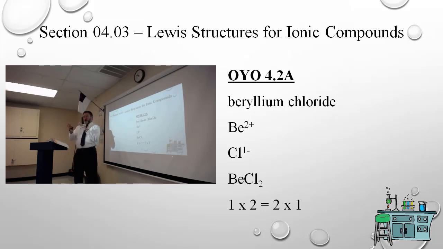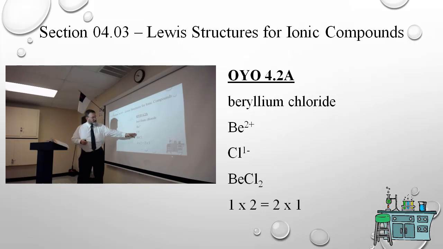And what we're trying to make sure is we've got balancing positive and negative. So the beryllium provides us with a net 2 positive. The chlorine, I have 2 of them. See? I have 2 of them, and each one has a charge of negative 1. So technically, this would be 2 positive, and that would equal 2 negative. That's not truly equal, but what we're trying to show is that they're opposite charges, but they're the same number. So that's why I show it this way.